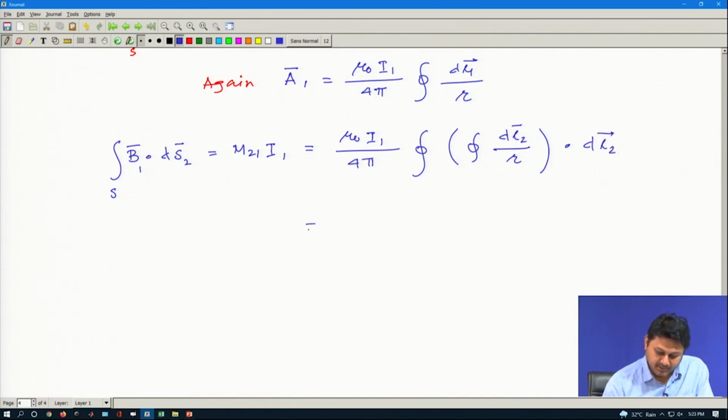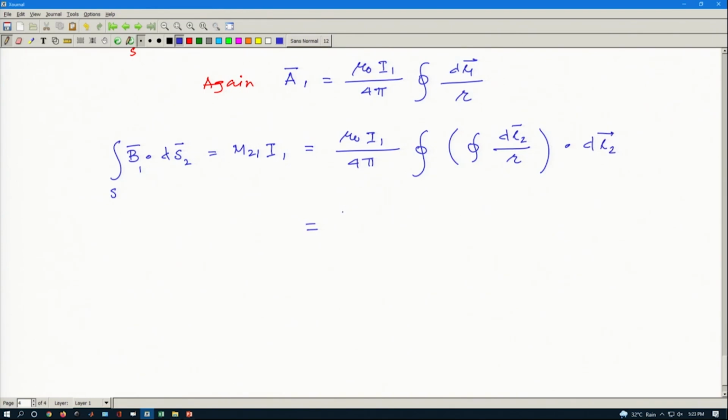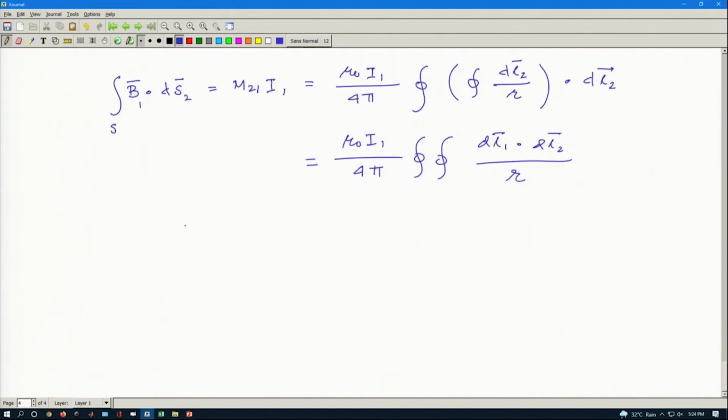So, this quantity I simply write as mu 0 I1 divided by 4 pi, and then I have the two integrals dL1 dot dL2 divided by R.